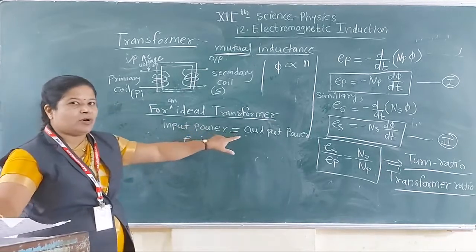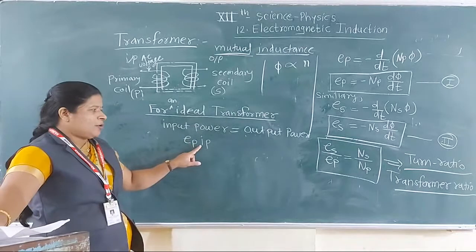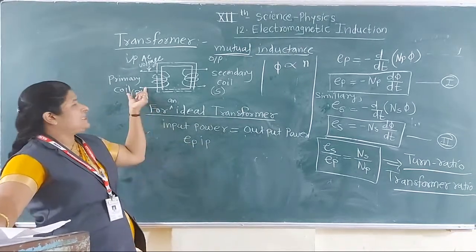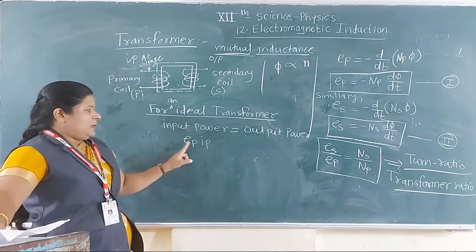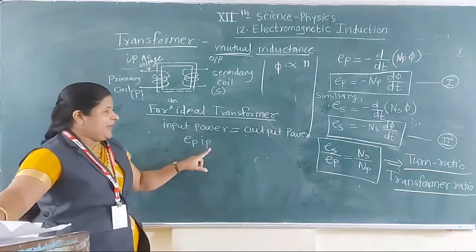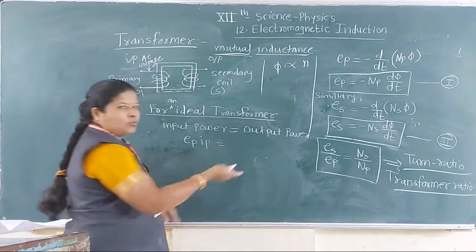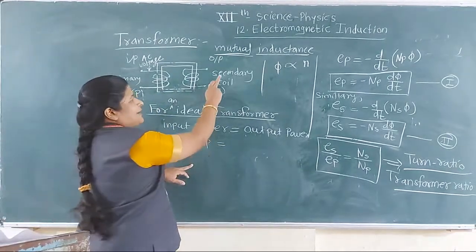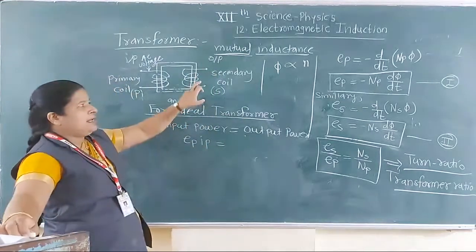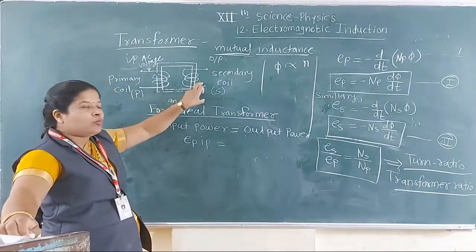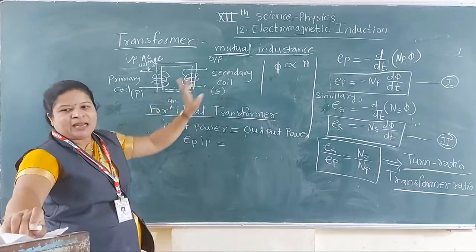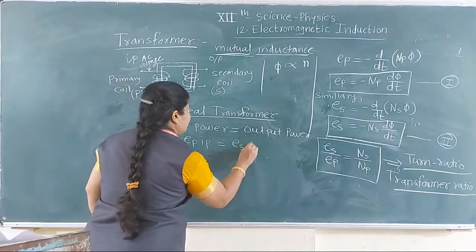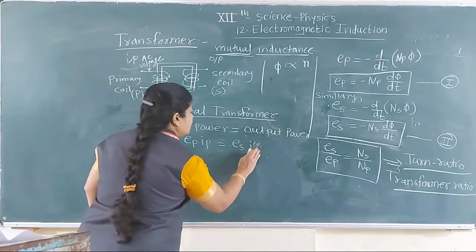Input power is equal to output power, therefore we write here EP into IP in the primary coil, this is the primary coil. This is equal to output power, that means secondary. In a transformer, we get output from this secondary coil. So here we write ES into IS.